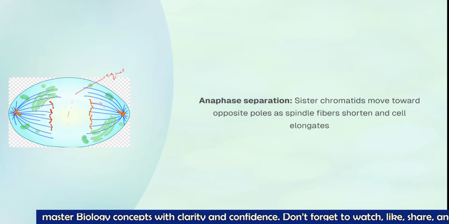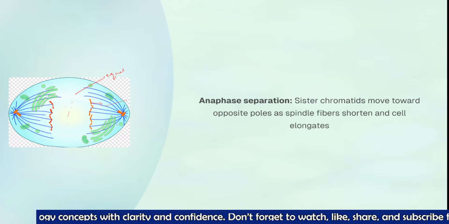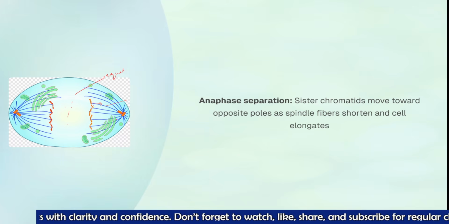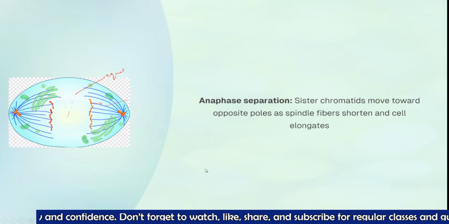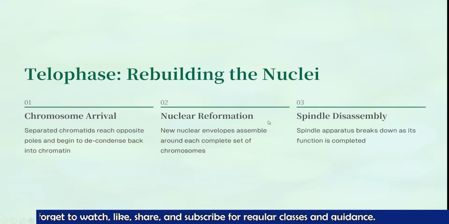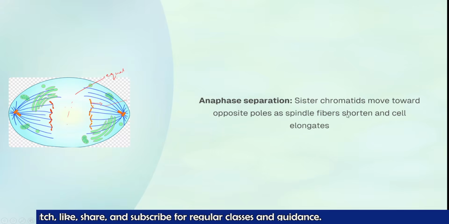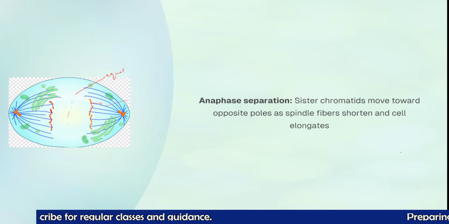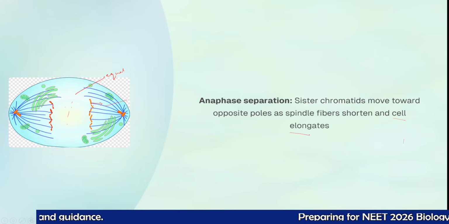That movement is due to the shortening of the spindle fibers. Remember these key events during anaphase: the chromatids move towards the opposite poles, the spindle fibers shorten, and one more point, the cell elongates a little more during the anaphase stage.